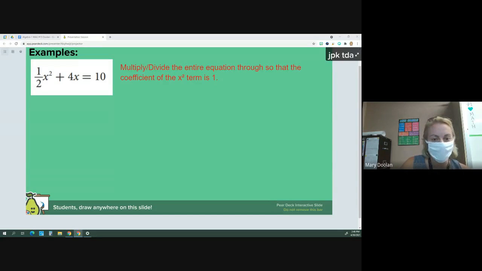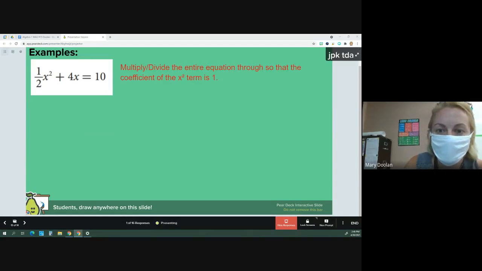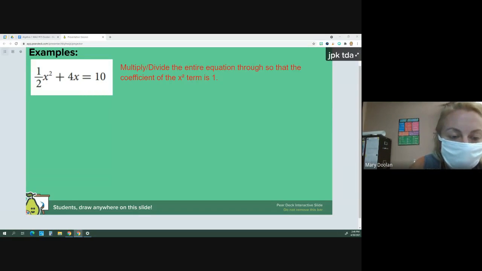And so that's going to change the value of this. So right here, I'm going to basically multiply this term by 2. I'm going to multiply this term by 2 and this term by 2.